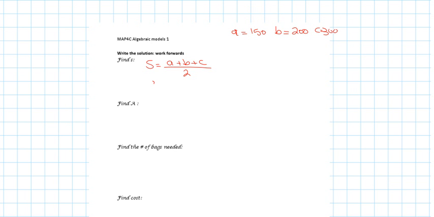Good. So S is 325 meters. Now what's the formula for the area that they gave me? Square root of S times S minus A, and so on. Okay? So I'm going to plug in my given information.